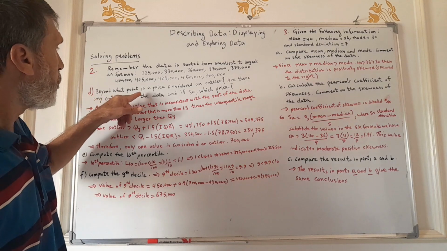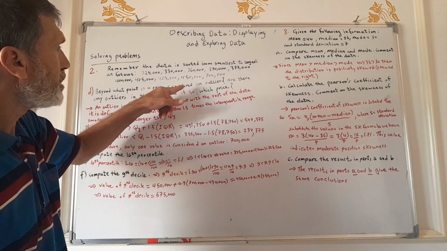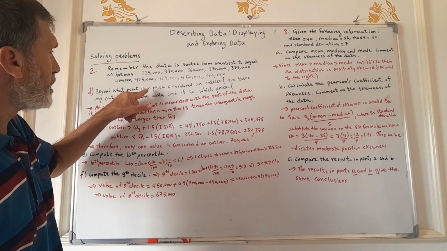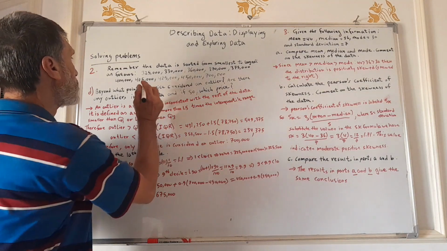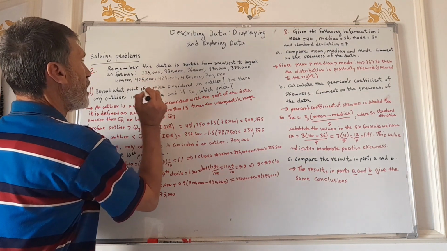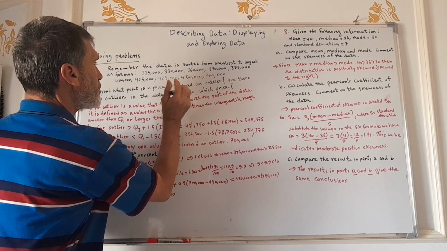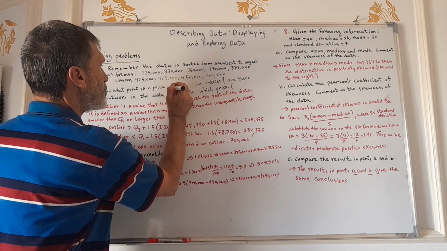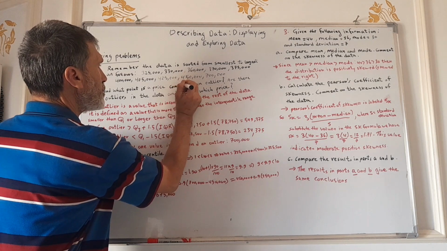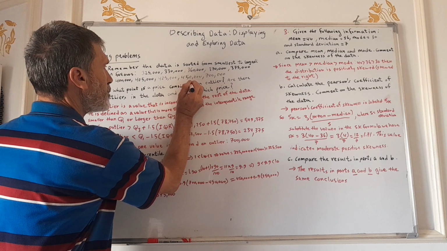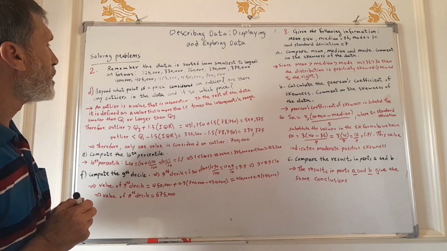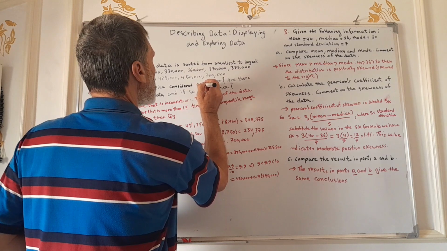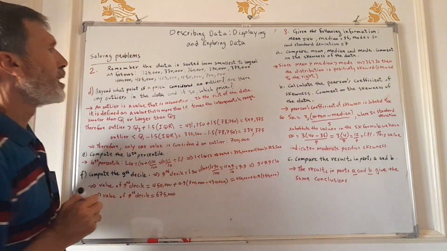Part D: beyond what point is a price considered an outlier?